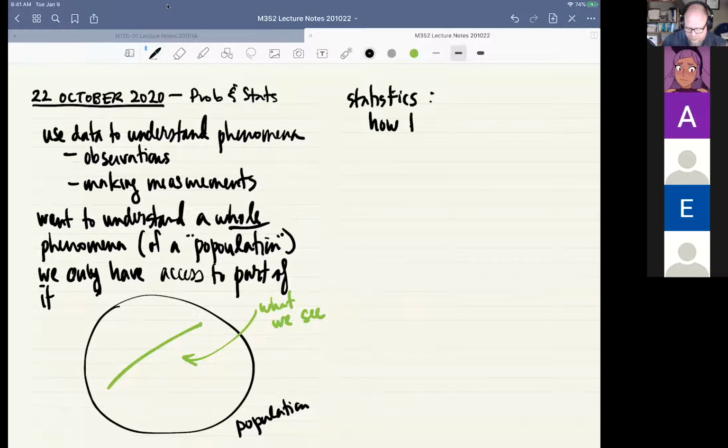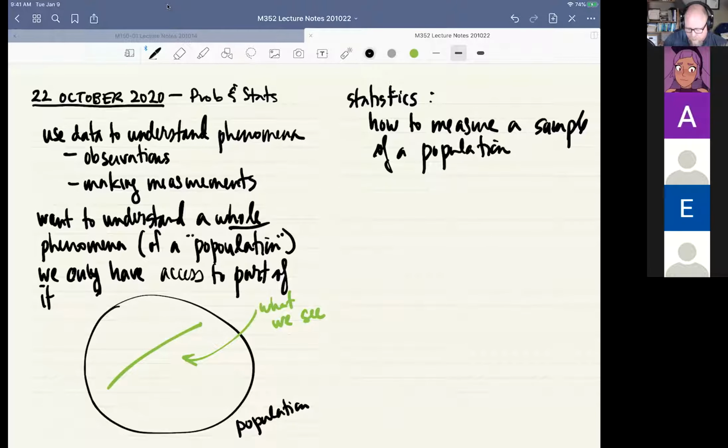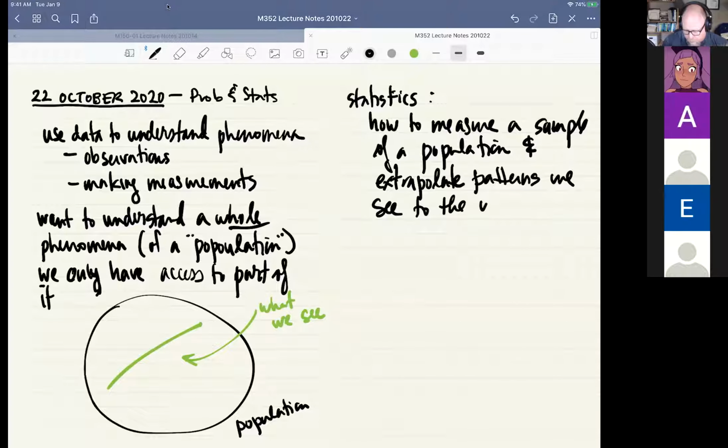So how to measure a sample of a whole population and extrapolate the patterns we see to the whole population with confidence.